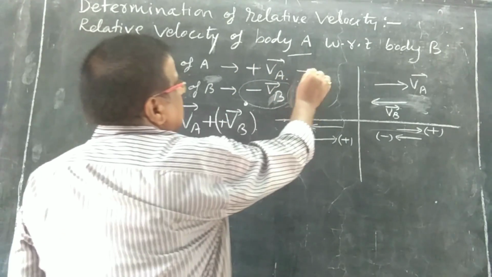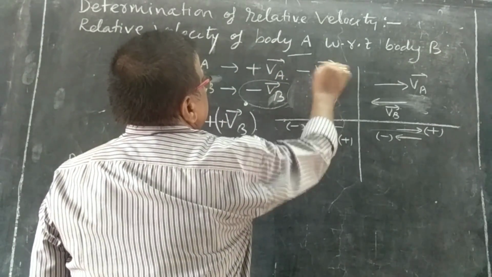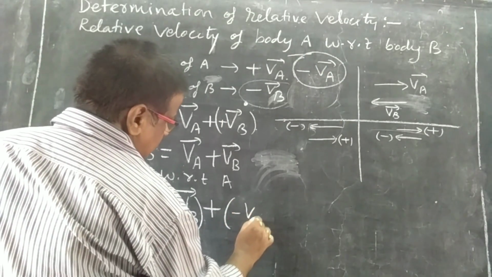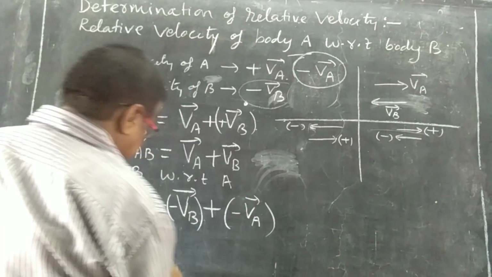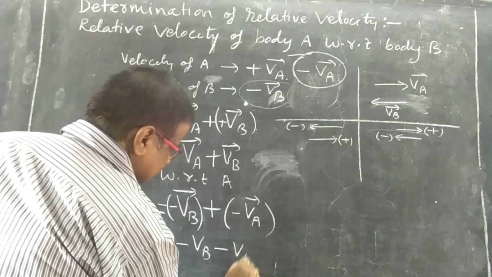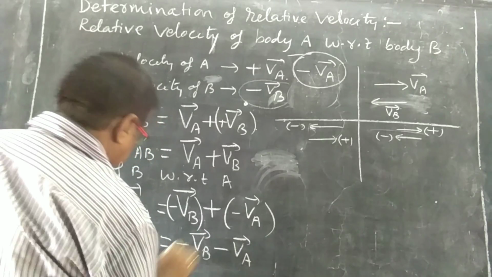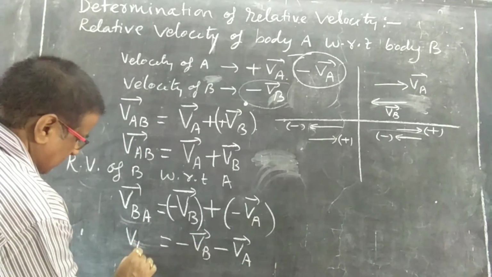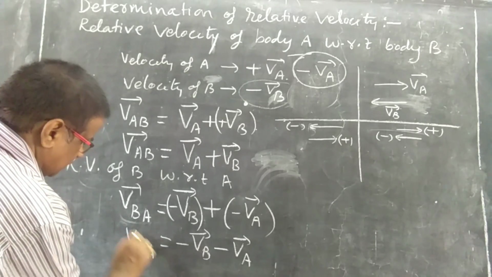So by subtracting minus VA, it will be taken here. So plus minus VA. It will give here minus VB minus VA. It will be the relative velocity of B with respect to A.